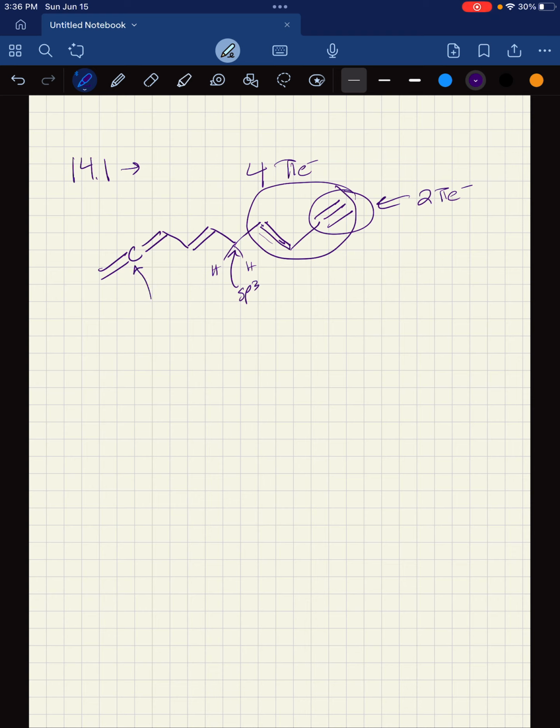Then here with this carbon, because it's sp hybridized, one of the pi bonds it's involved in will be using one of the unhybridized p orbitals, and then the other one will have to be coming in and out of the plane. And so what that means is that you've got 2 separate pi systems here.